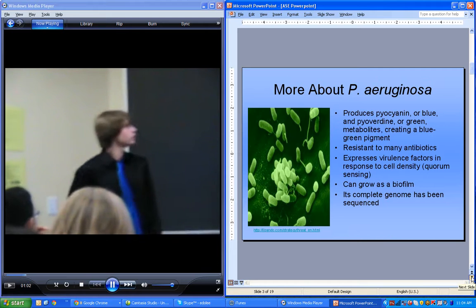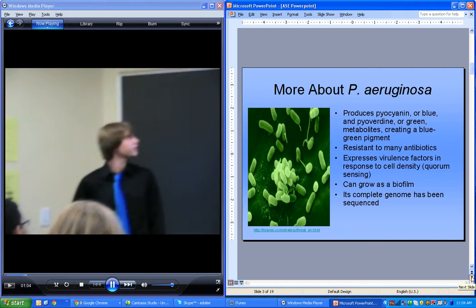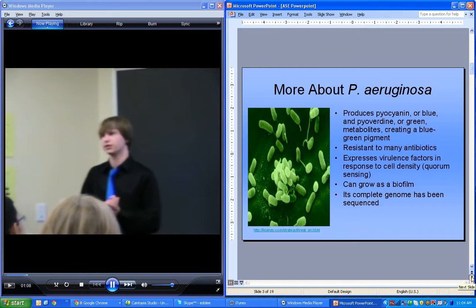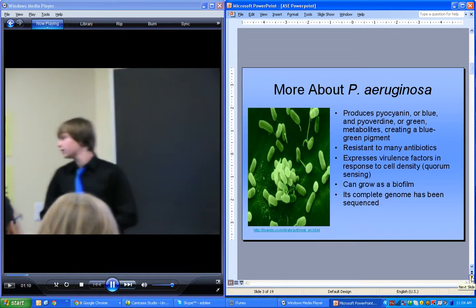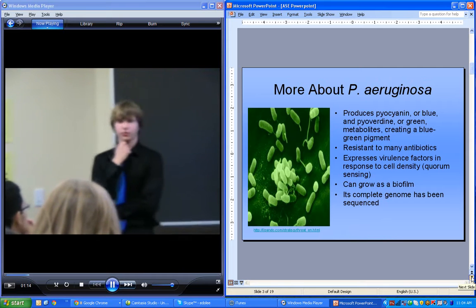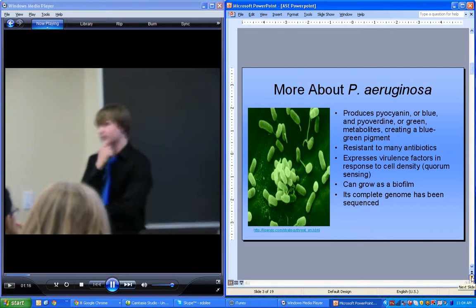And a little bit more about Pseudomonas aeruginosa. It produces pyocyanin and pyoverdine metabolites, which combine to form a sort of blue-green pigment when they're plated. And they're resistant to many antibiotics, which makes them extremely difficult to kill when they establish an infection.